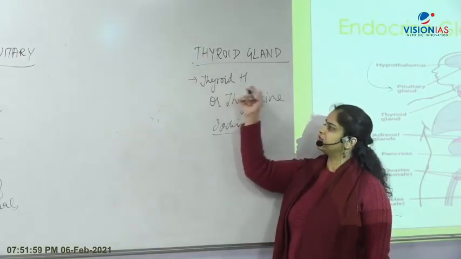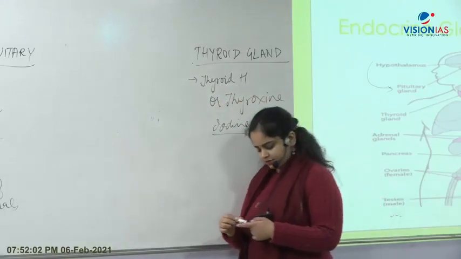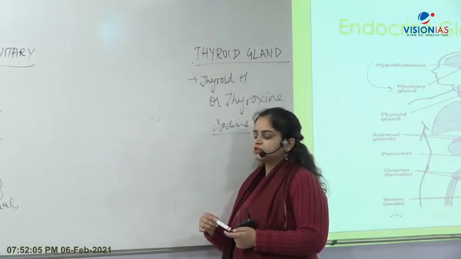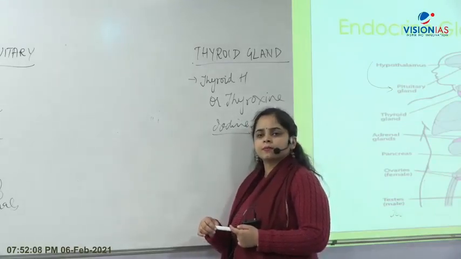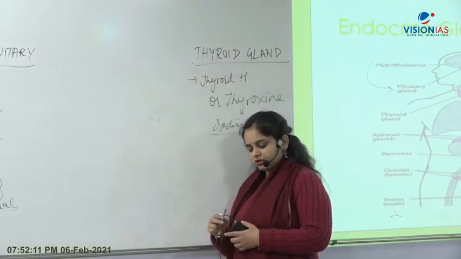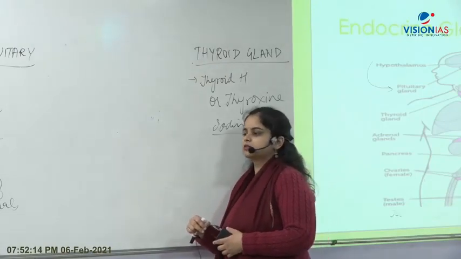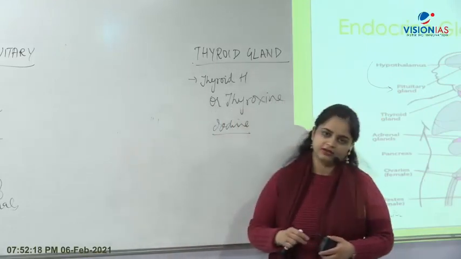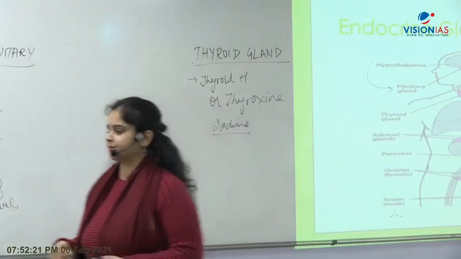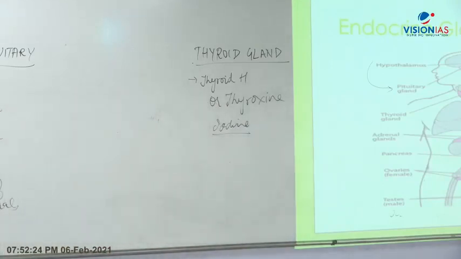Thyroid hormone or thyroxine, its function is metabolism of carbohydrates, proteins, and fats in the body.